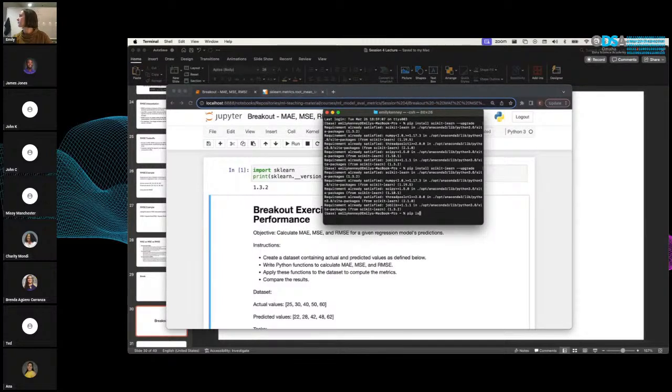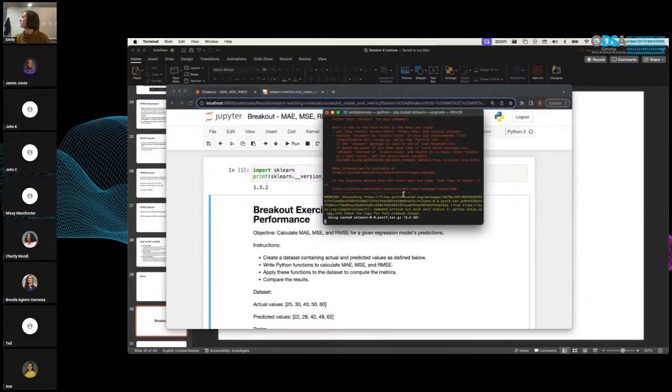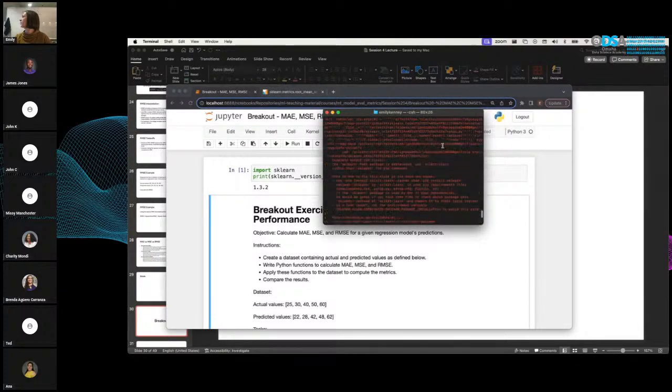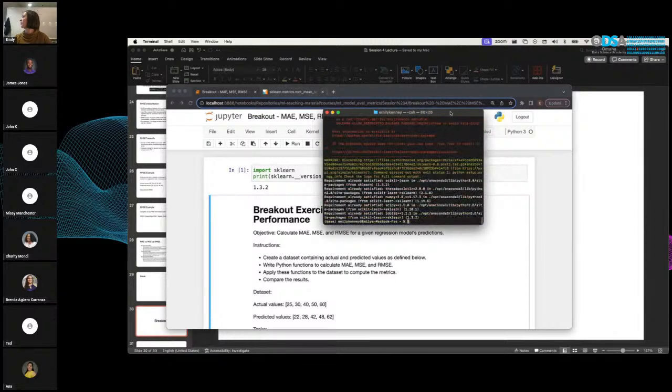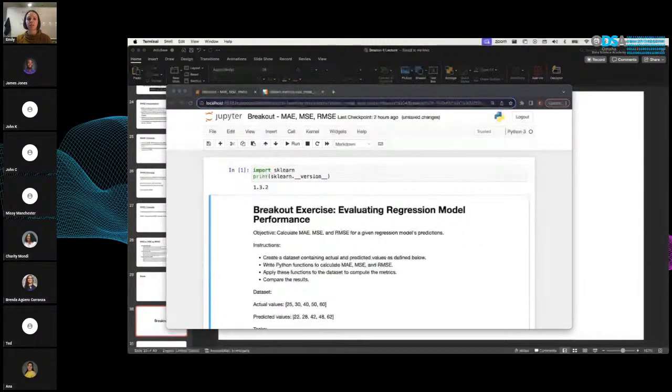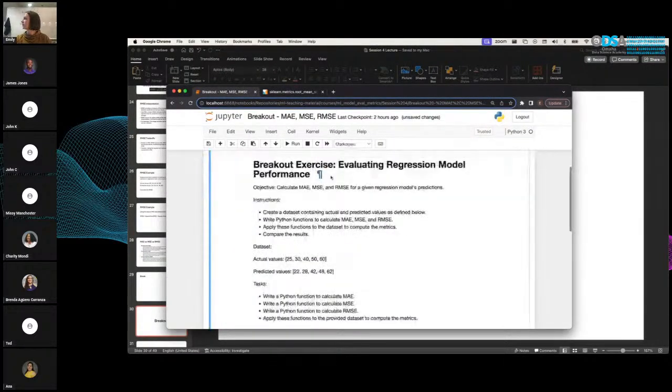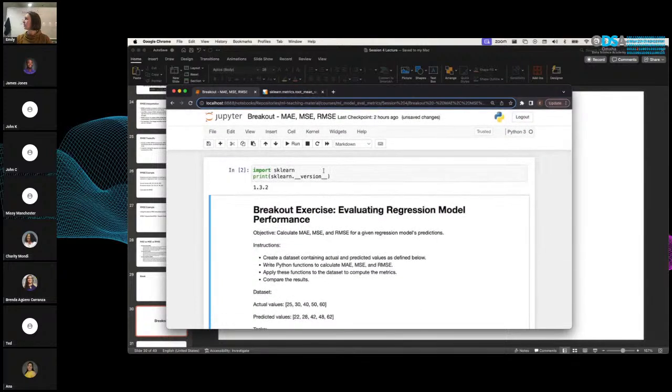It might just give me an error that it does not recognize it. I'm going to have to Google it. I might have to figure this out afterwards. I don't know why mine's not upgrading, so I apologize. I'm still on 1.3.2.